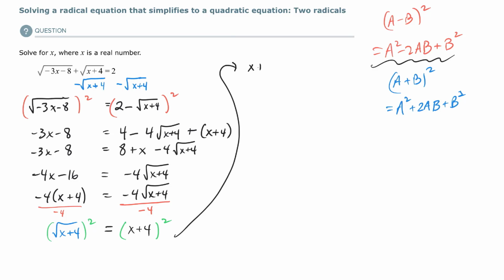We have x plus 4 on the left-hand side of the equation, and we have x squared plus 8x plus 16. Now we have a quadratic equation, and we know what to do with this. We set the equation equal to 0.